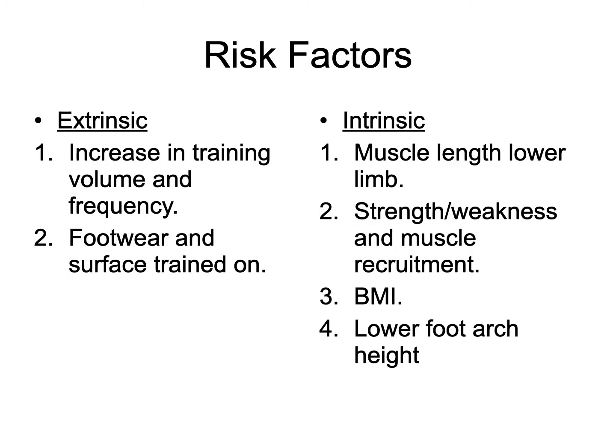So you've got extrinsic, sorry if I pronounce it correctly, and intrinsic factors that may contribute towards it. The increase in training volume and frequency has been confirmed in several studies, and clinically it's the most common factor that will trigger patella tendinopathy, or most tendinopathies really.